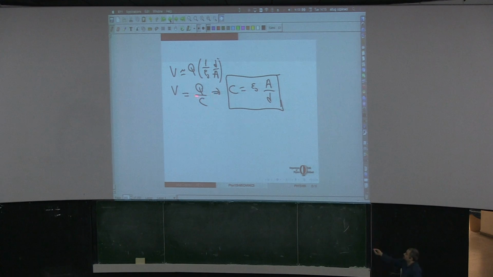Now, a system that has a larger capacitance will break down at a later time, keeping everything else fixed. If you don't change anything else, we will see, for example, when we discuss the dielectrics, that they increase the capacitance of a given capacitor of the same geometry, mainly because they reduce the electric field.